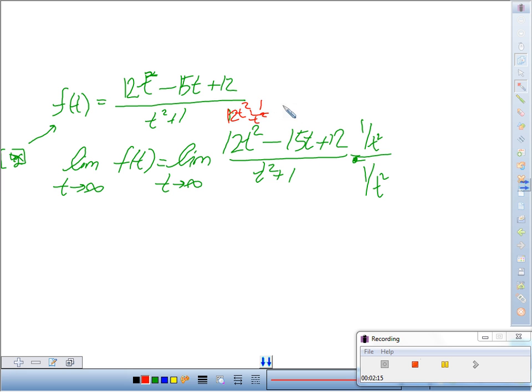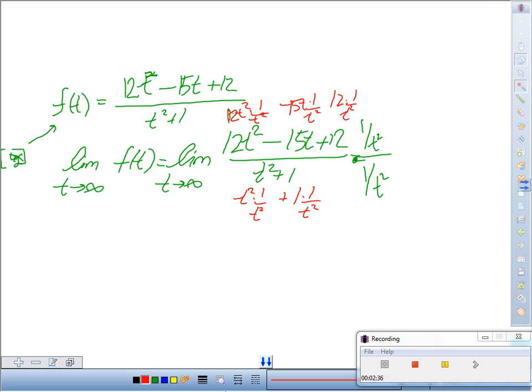We're going to have minus 15t times 1 over t squared. And we're going to have 12 times 1 over t squared, right? And then down here we're going to have t squared times 1 over t squared plus 1 times 1 over t squared.